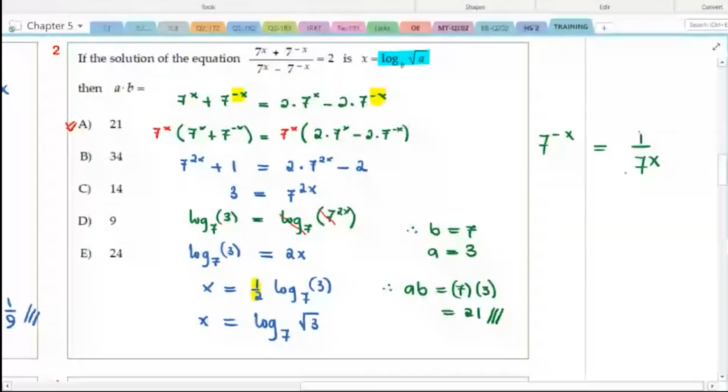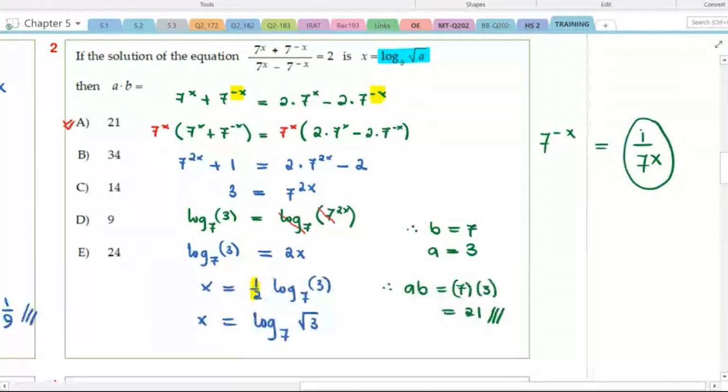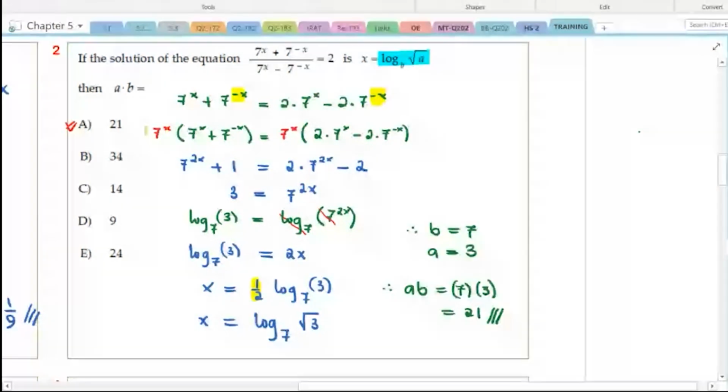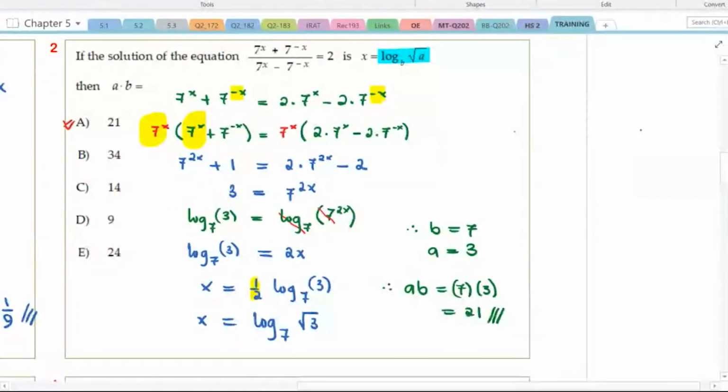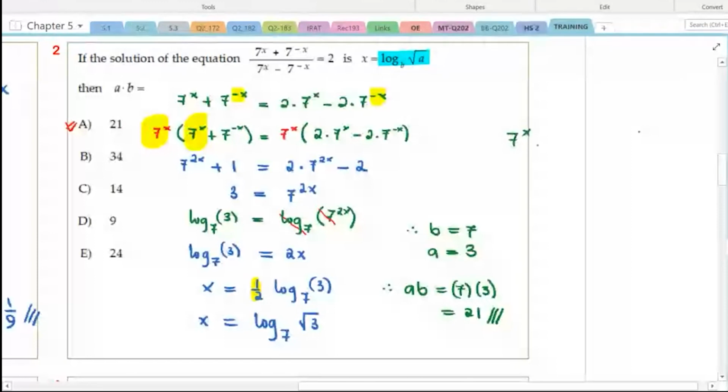Now, we do not want fraction. To make life easy, we multiply both sides by 7 to the power of x. So when we open the bracket, we multiply by 7 to the power of x. So when you multiply this one with this, you are going to get 7 to the power of x multiplied by 7 to the power of x, which is 7 to the power of 2x.